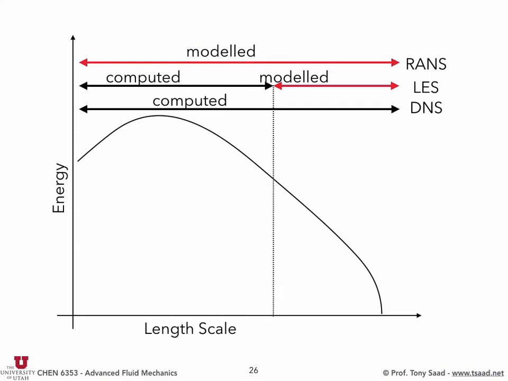But with LES, we're going to compute some, right? Say we want to compute up to this eddy size, okay? And we're going to model everything below that, the small scales. And in DNS, we're going to compute everything, all the way from the large scales to the small scales.